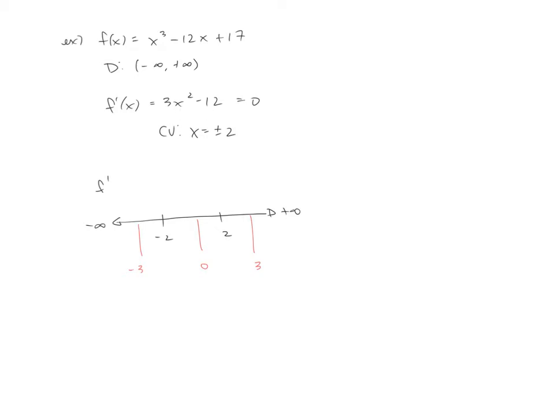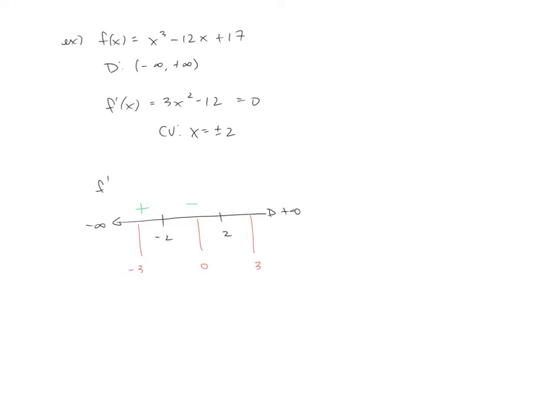So when I take a negative 3 and I plug it in here, when I simplify that, that's going to give me a positive quantity. When I take a 0 and I plug it in here, that's going to give me a negative quantity.